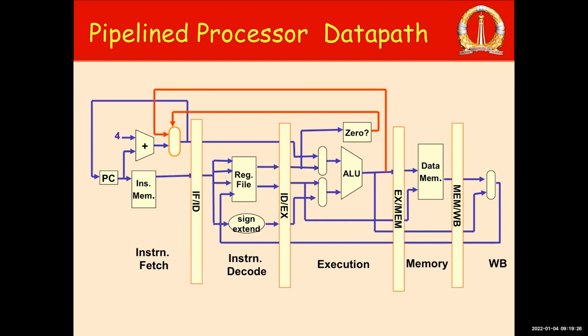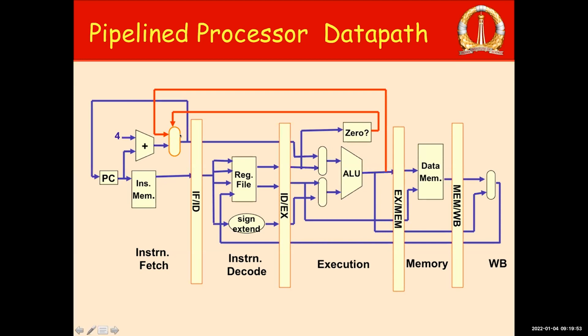One important change is that after the instruction fetch stage is over, in the next cycle we want to fetch the next instruction. Therefore, the program counter value which has been incremented in the instruction fetch phase has to be copied back into the program counter at the end of the same cycle, so that in the next cycle you can fetch the next instruction.